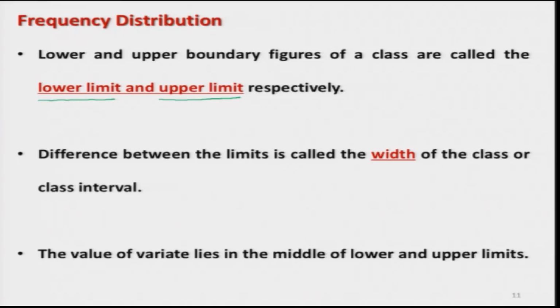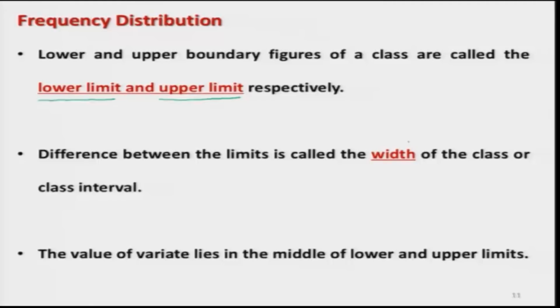And when we find the difference between these 2 limits, the lower limit of the interval and the upper limit of the interval, this is called the width of the class, or class interval. And when you define a class, there are two values, lower value and upper value, and this will be a sort of interval.